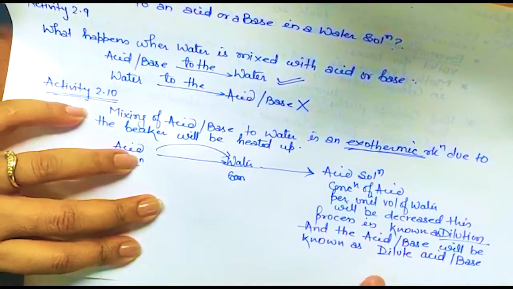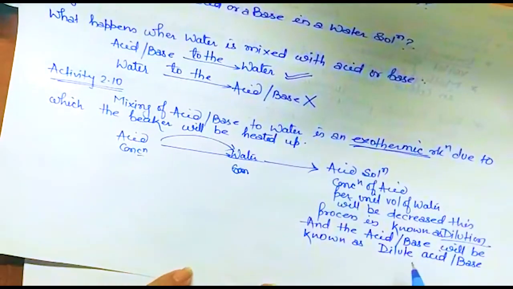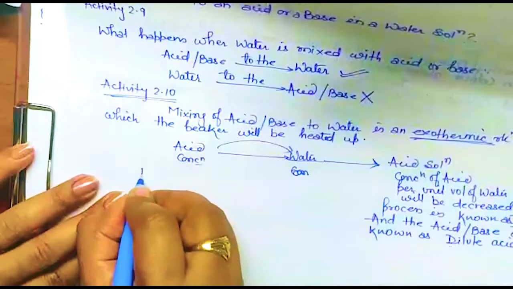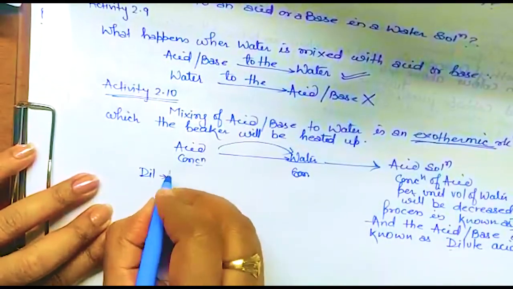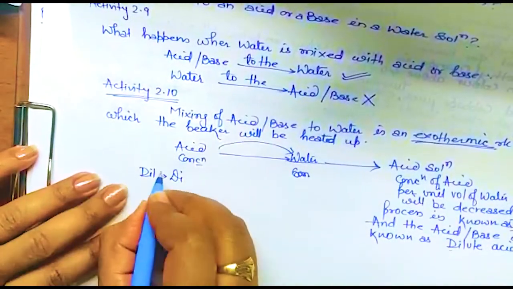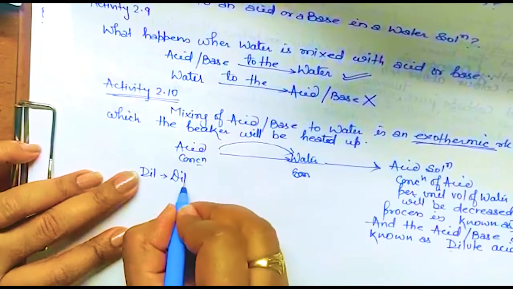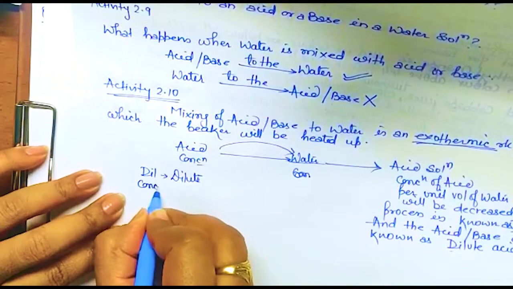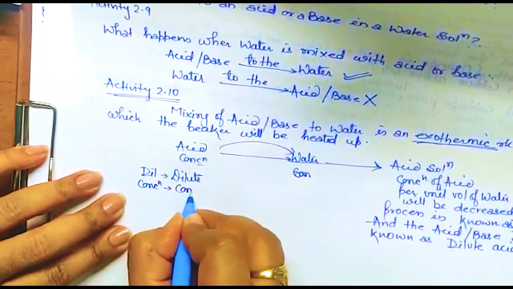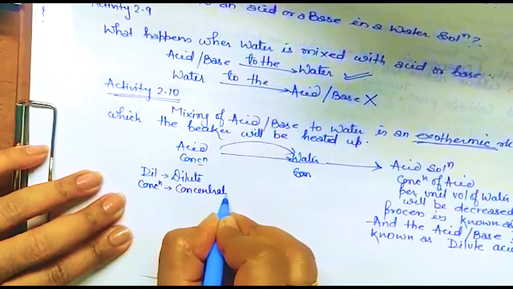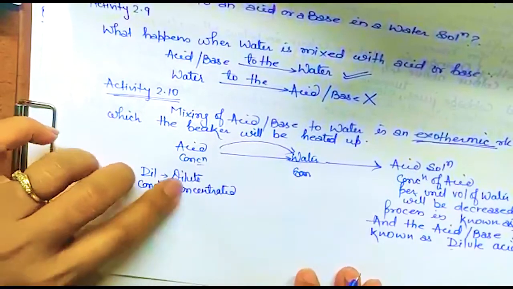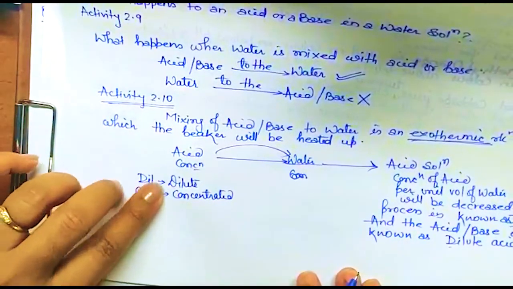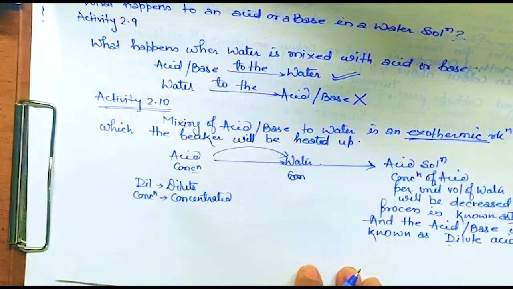Okay, so one thing I want to say: DIL is the abbreviation for dilute, and CONC is the abbreviation for concentrated. And on the very first day, I explained what dilute and concentrated are.